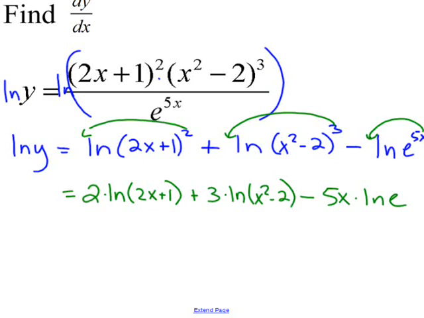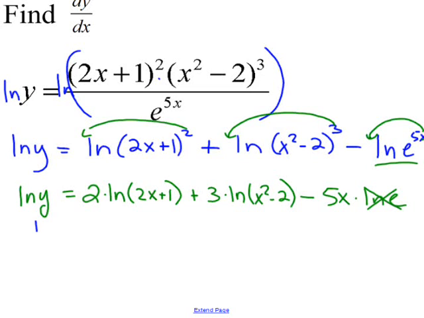And don't forget this side, which is ln of y, because you have to work with both sides. Now, some of you could have seen right here, ln of e to the 5x is just 5x. Some of you take the power rule, see, okay, it's 5x times ln of e. Either way, ln of e is just 1. So this becomes our function that now we go ahead and take the derivative of.